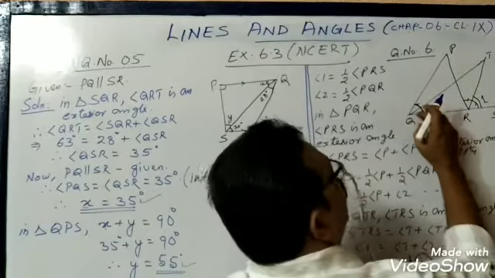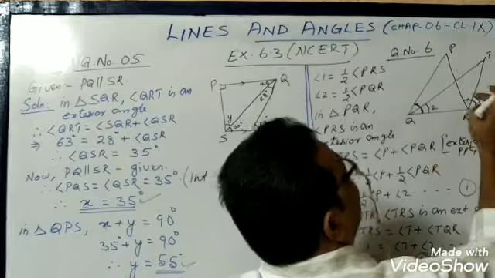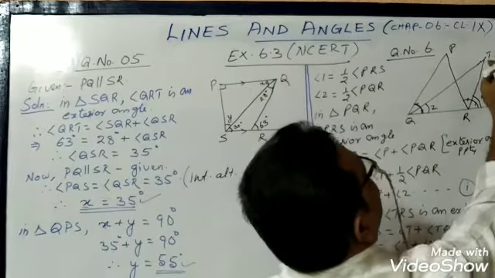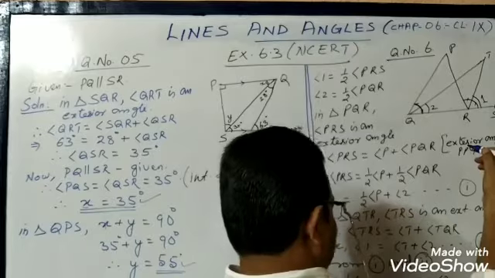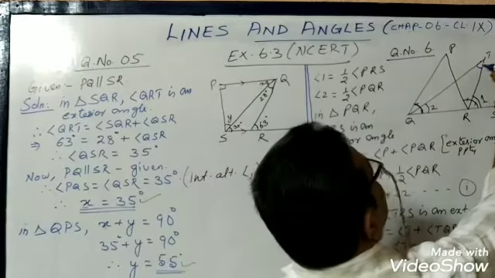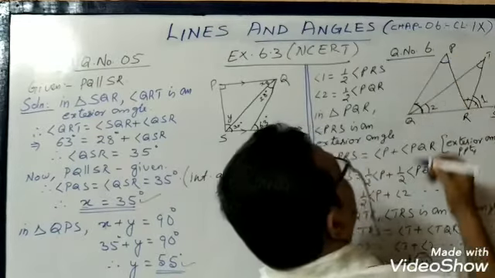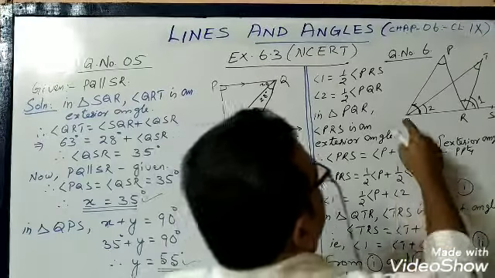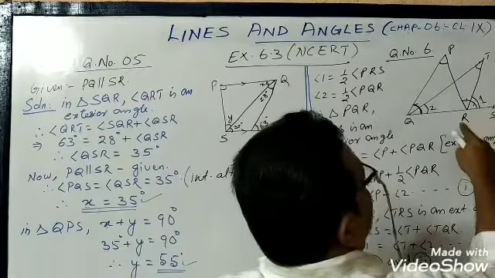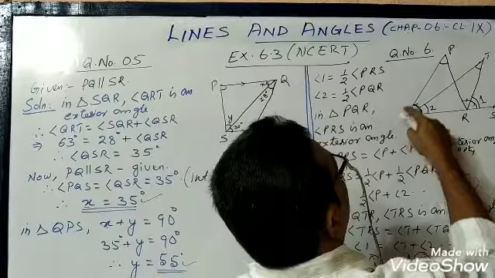The bisectors of one interior angle and the corresponding exterior angle meet at T. We have to prove that angle T is equal to half of angle P, that is, angle QTR is equal to half of angle QPR.